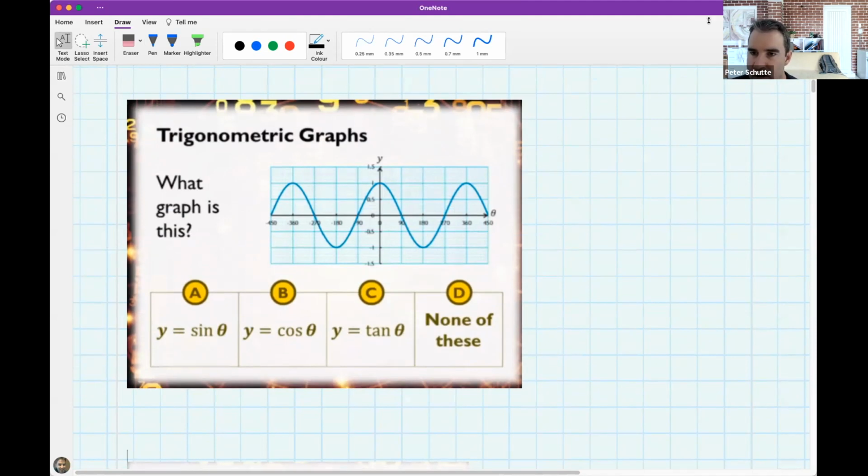Don't vote yet, just think about it. Then vote in the chat: what trig graph is this? You can vote with A, B, C, or D.